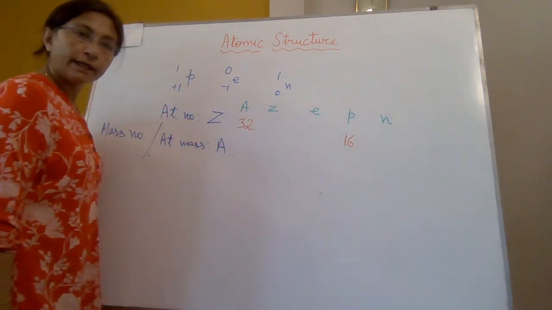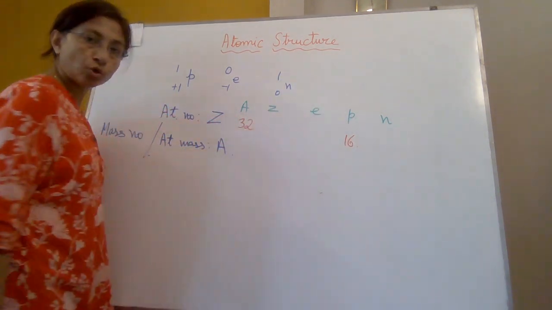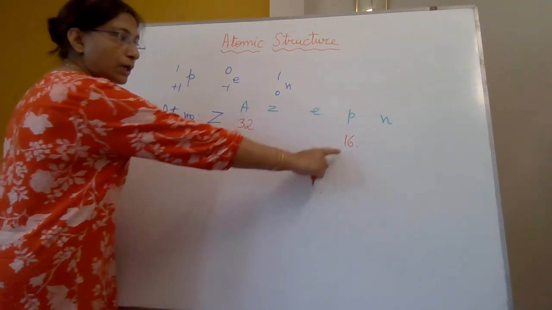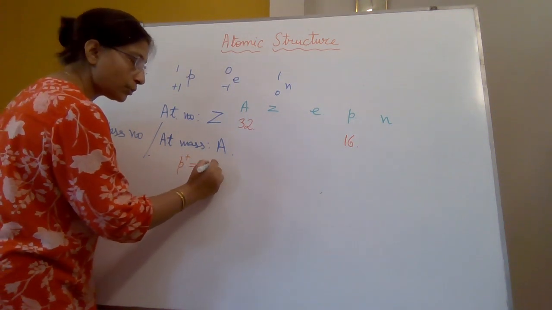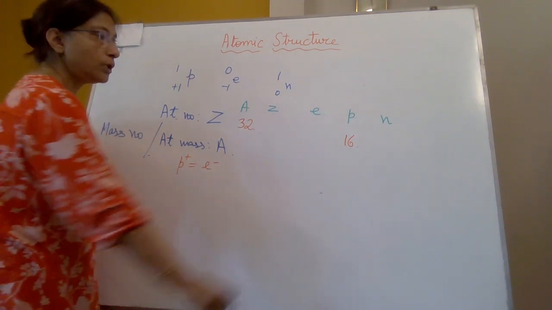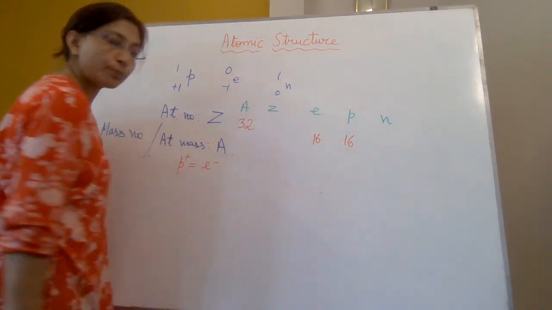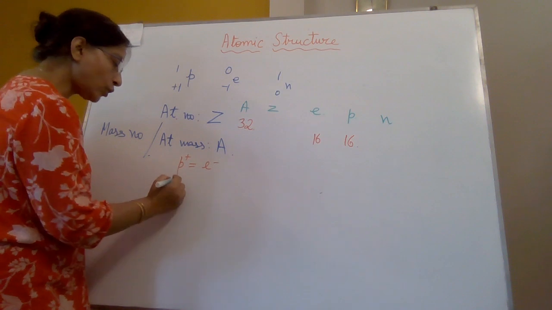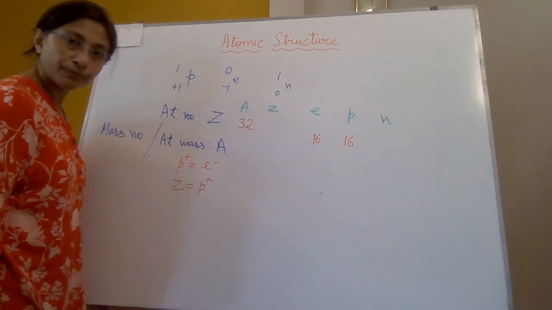By this, can I calculate the number of electrons, neutrons and the atomic number? Yes. The number of protons is equal to the number of electrons, that we know. So obviously protons are 16, and electrons are also going to be 16. And we also know that the atomic number is equal to the number of protons, right?